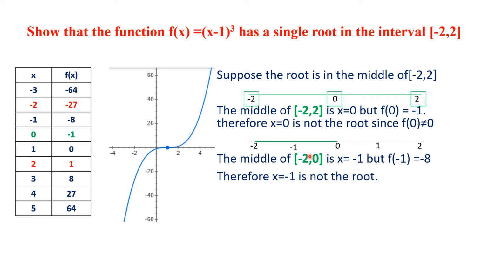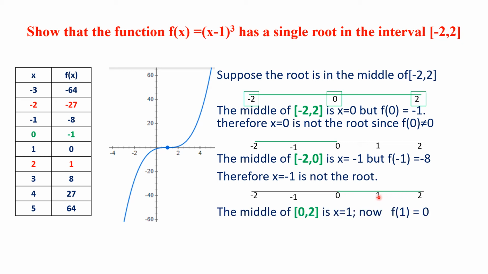Now we went to the left and we checked the middle of the left half. It's not the root. Let us go ahead to the right half and check the middle of the right half. This is pretty much a repetition where we have the right half between 0 and 2 and its middle is 1. So let's go ahead and check f of 1.